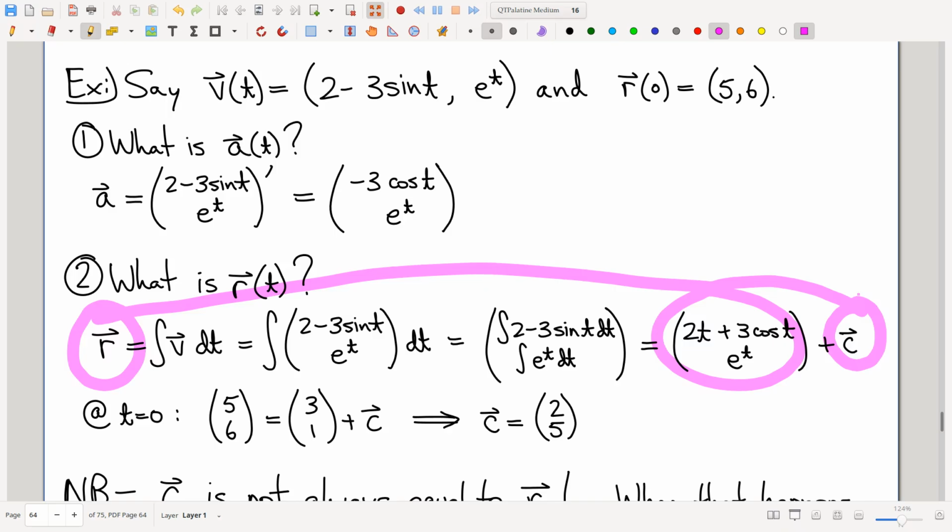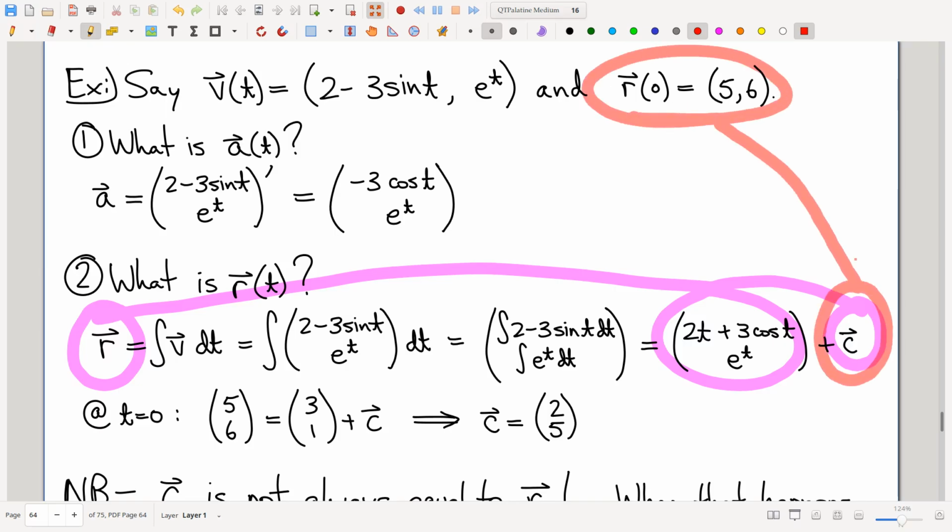Okay, so looking at this formula, let's ask the question of how we determine this integration constant. Here's a false statement that floats around, despite our best efforts to get rid of it: a lot of people think the integration constant has to equal the initial condition. That is a bunch of nonsense. It absolutely does not.